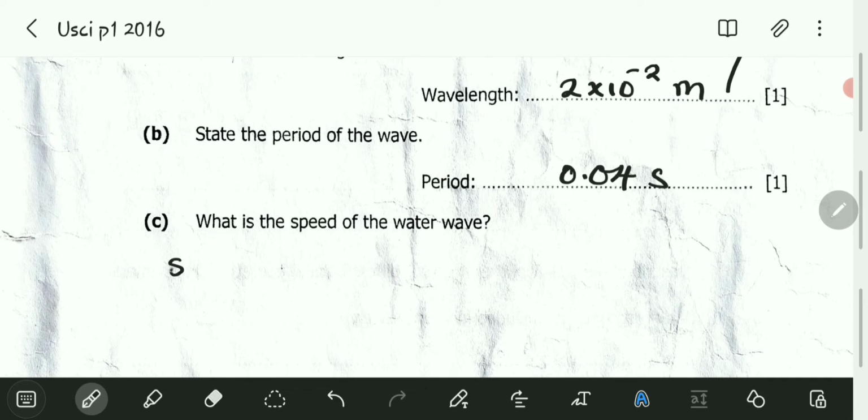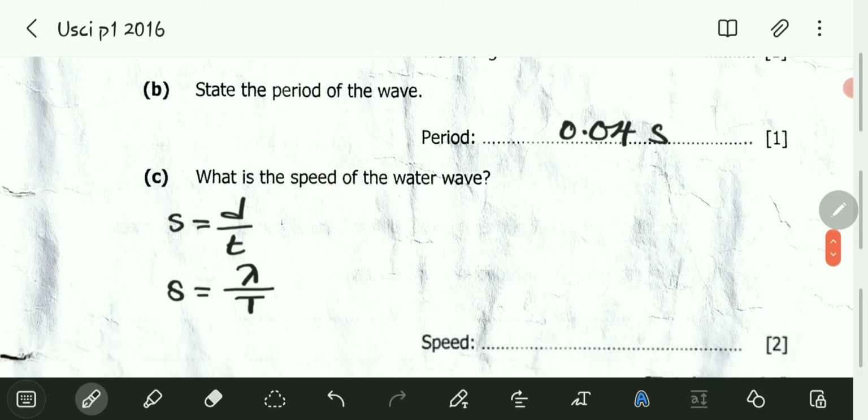So we can say speed is equal to distance over time. The distance covered by one wave over the time it takes to cover that distance. So speed will be equal to the wavelength divided by the period.